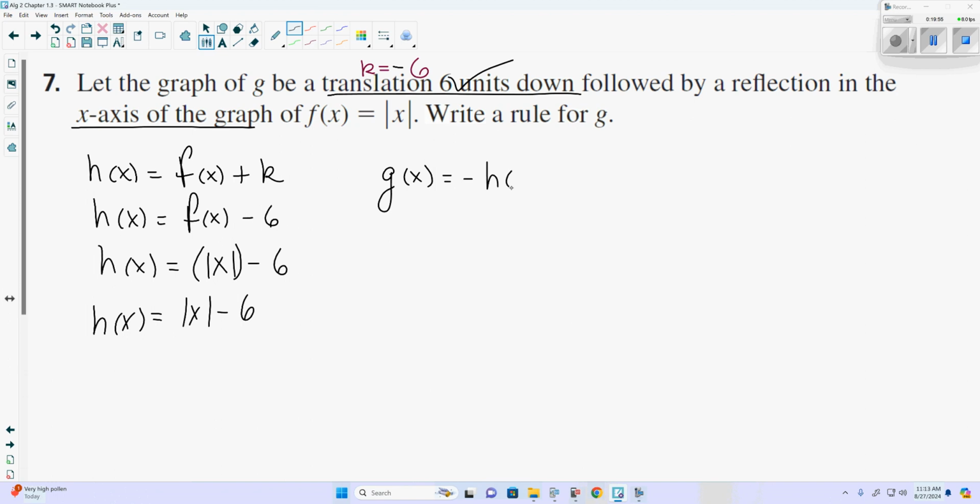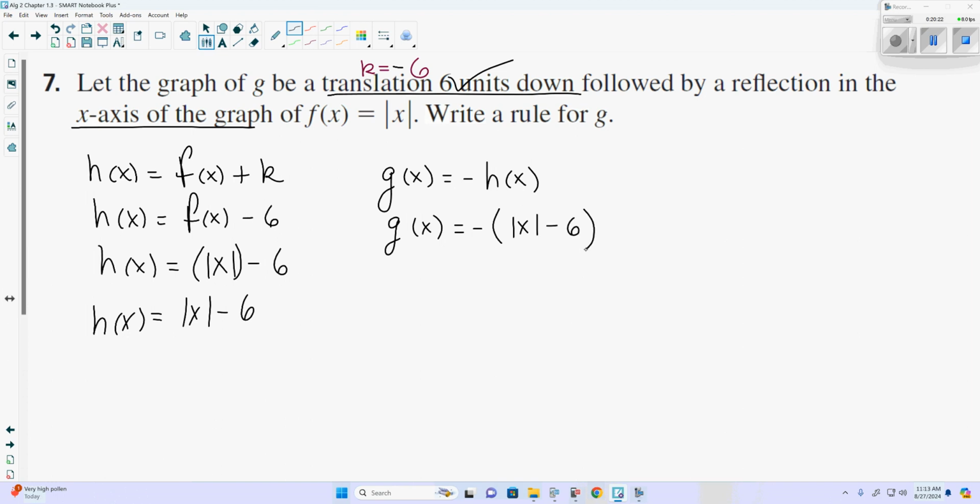Negative. So this here, this reflection in the x-axis, we're applying to h of x, because it's the one that we just did. So we're not applying it back to the original function. F of x is the absolute value of x. We're applying it to the one that we moved down 6. Now at this point here, we can replace h of x with its function.